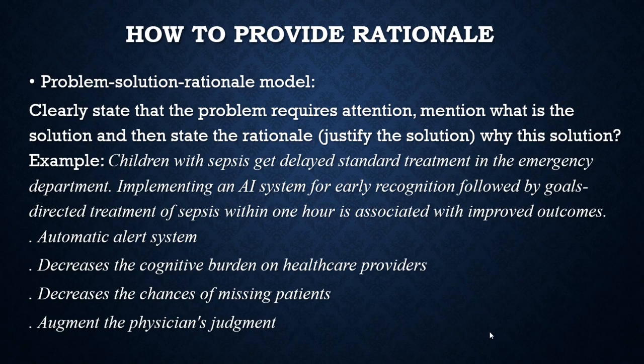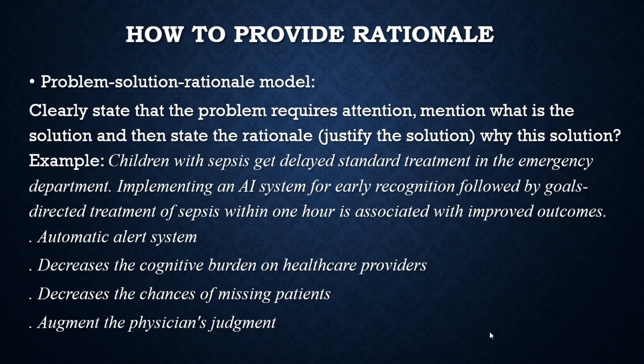Okay, so there are many ways to provide a rationale. There can be a whole bunch of things, but today we are going to focus on a very simple model, which is called problem-solution-rationale. Right. So in this model, you're trying to give the rationale statement in a context. The context is that first you need to clearly state what the problem is.